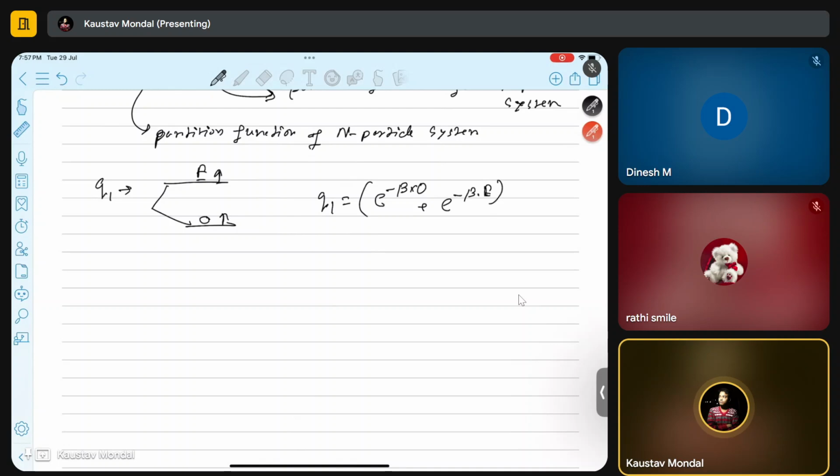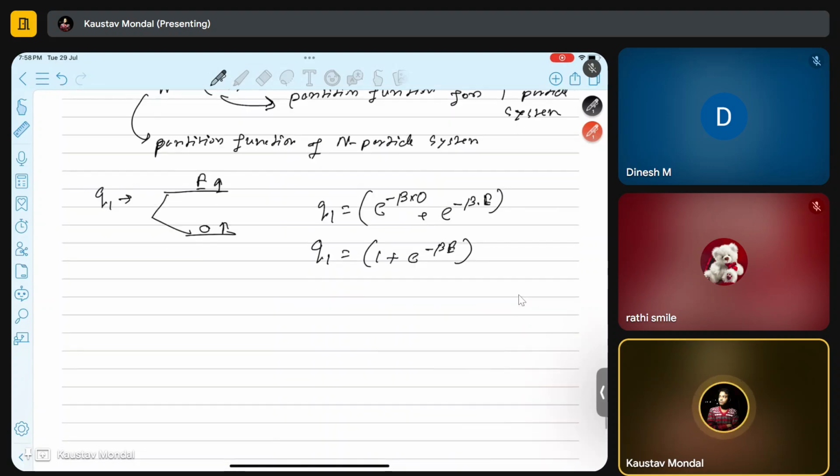Either the particle is in the 0 state, so e to the power beta 0, or the particle can be in the E state, so e to the power minus beta E. So Q1 would be 1 plus e to the power minus beta E. So this is the single particle partition function Q1.